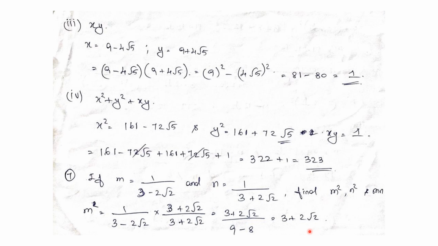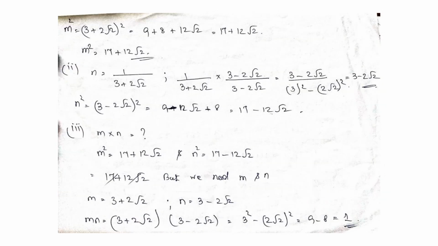Then n also we need to rationalize. Okay, 1 by 3 plus 2 root 2 into 3 minus 2 root 2 by 3 minus 2 root 2.